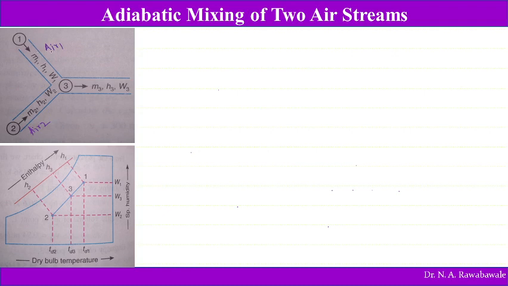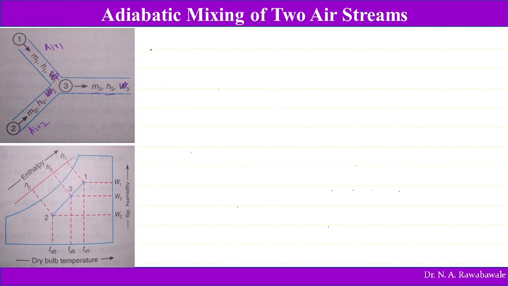Air stream 1 has mass flow rate m1, enthalpy h1 and specific humidity omega 1, whereas stream 2 has mass flow rate m2, enthalpy h2 kilojoules per kg and specific humidity omega 2. These two streams are going to mix and come out with mass flow rate m3, enthalpy h3 and specific humidity omega 3.